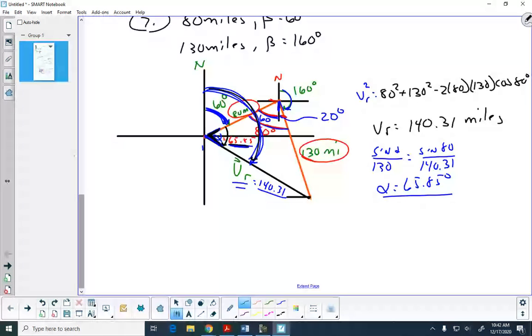So what would we add to the 65.85? Add 60. Add 60. So we have 125.85 degrees. So my bearing here is 125.85 degrees.